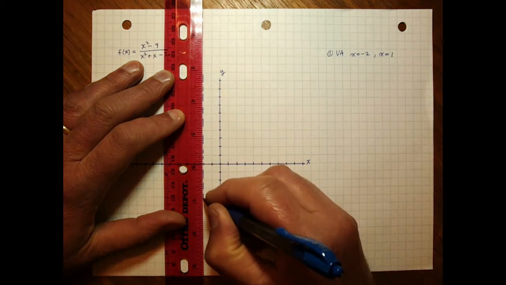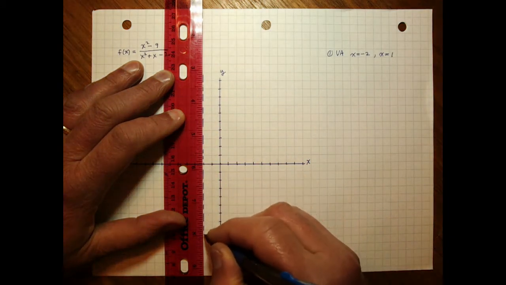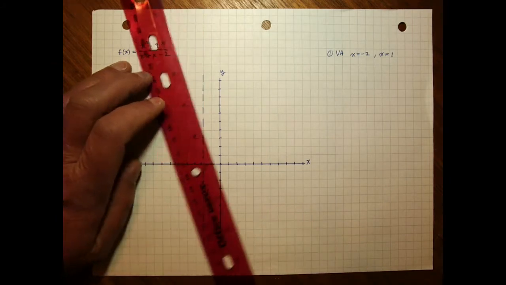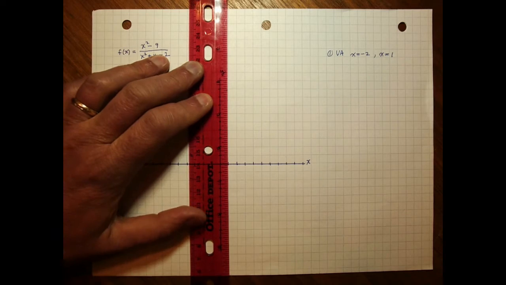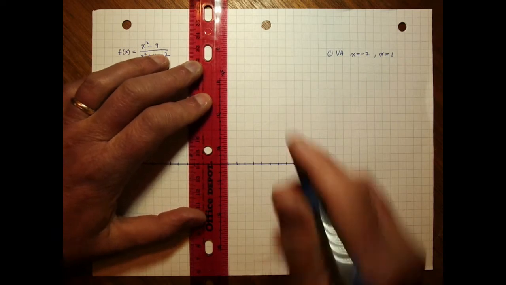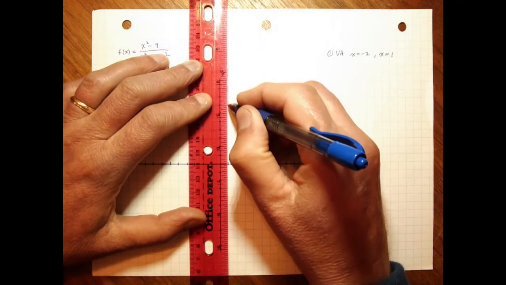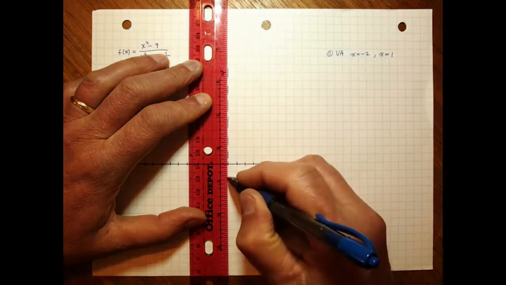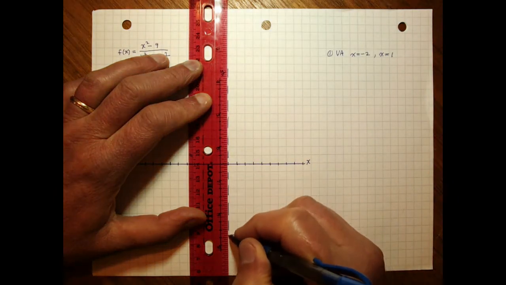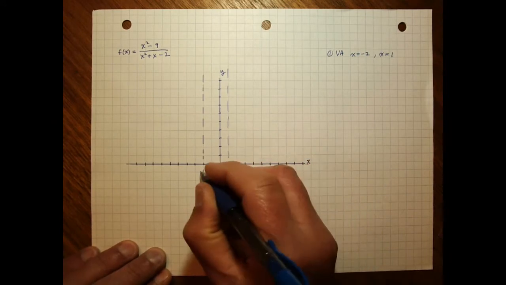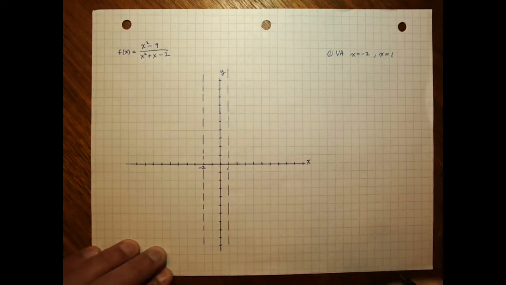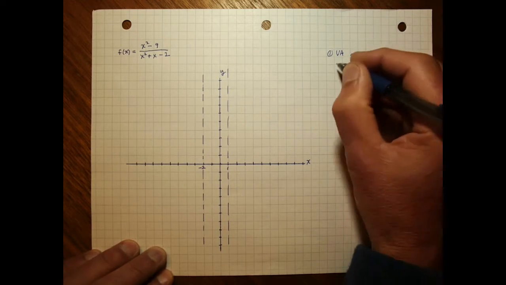It helps to have a pretty big graph grid for these, and of course it helps to use a ruler to draw these asymptote lines nice and straight. So that's at 1 and negative 2. I have two vertical asymptotes.